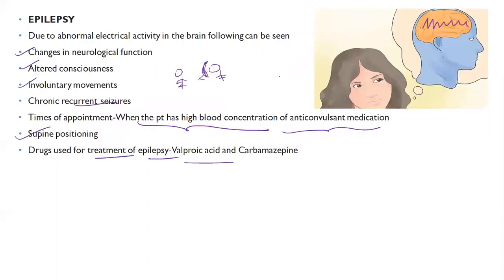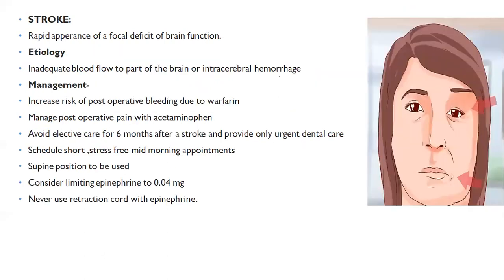Now in epilepsy, if you see a patient experiencing a seizure, make sure that there is something soft placed beneath their head and you remove anything around them. Epilepsy is where you see abnormal electrical activity in the brain. Treatment for it is valproic acid and carbamazepine, and you treat these patients when they are taking the medication and in their blood it is at higher concentration.